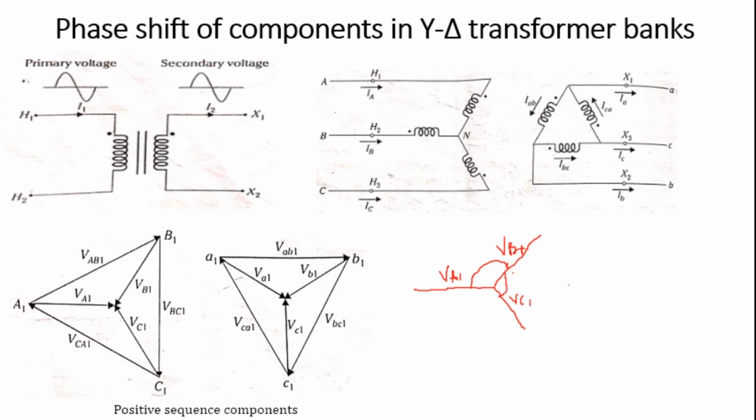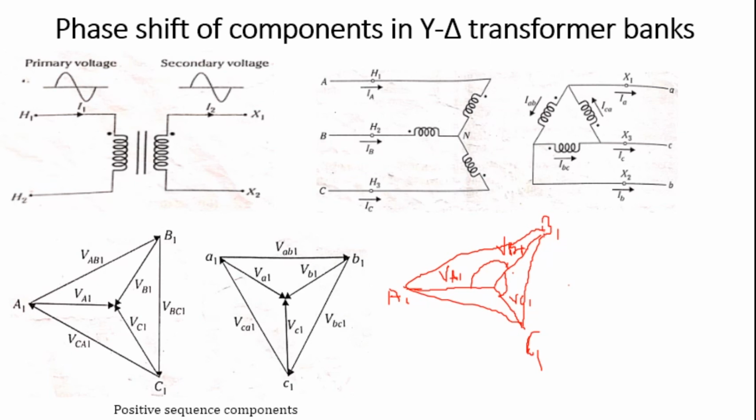Fine. So what will happen? This is the terminal A1. This is the B1 terminal. This is C1. Join these things, from here to here, and from here to here, and from here to here. What is the common between these?